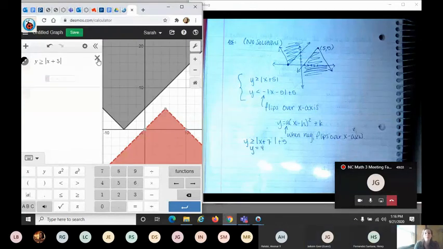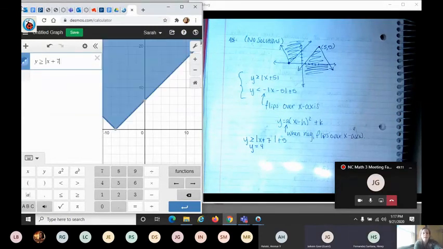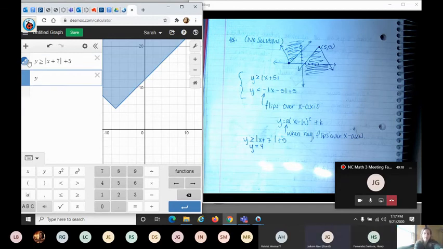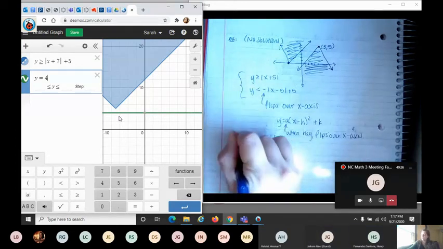That's a really, really great question. So we have y greater than or equal to absolute value of x plus 7, and then plus 5. And then here we had y equals 4. Okay, yeah, and you are correct. There are no solutions there. And that does work.